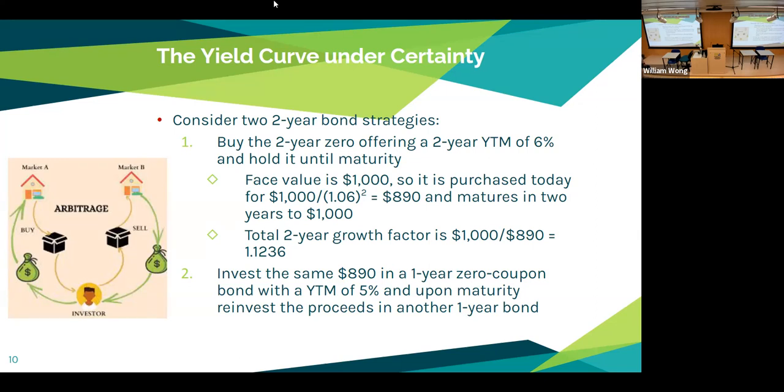A 2-year zero means there is no coupon at all. Simple calculation, right? Very good for a quiz, you don't need to memorize anything. You just use the face value divided by the yield to maturity factor and you get $890, which means you pay $890, and 2 years later, without any cash inflow whatsoever, you get $1,000 back, with an implied return of 6%.